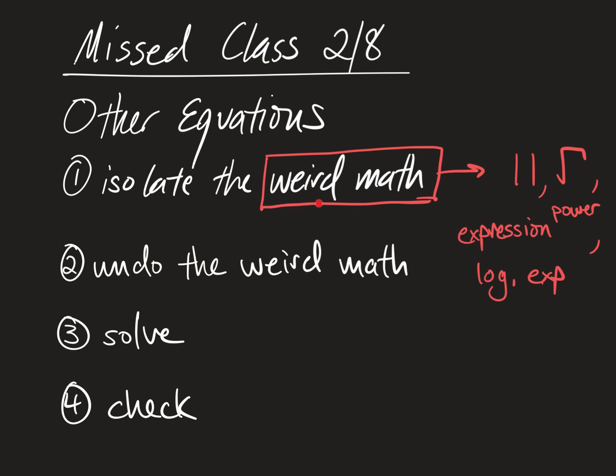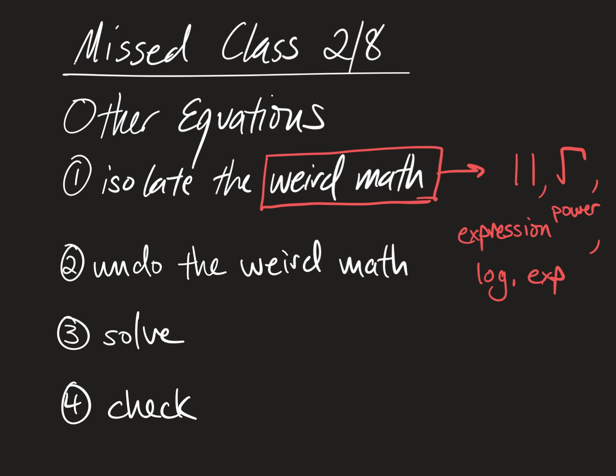So we'll isolate the weird math, which is including but not limited to some absolute value bars, or some kind of root, an expression raised to some power, which is what we covered in the square root property, or later on in the semester, log or exponential functions. Once you isolate that piece of the equation, you want to undo the weird math.